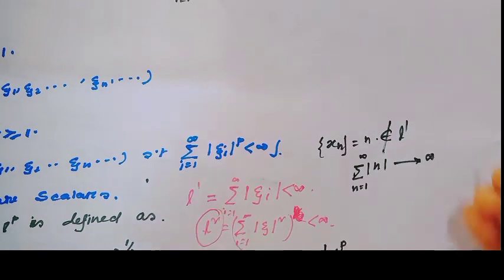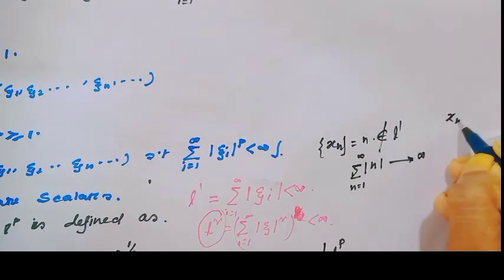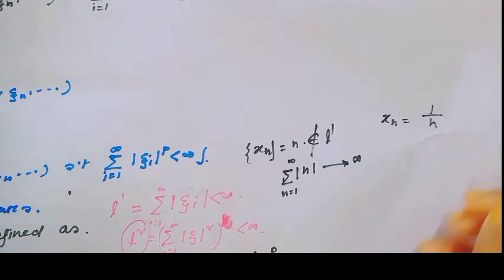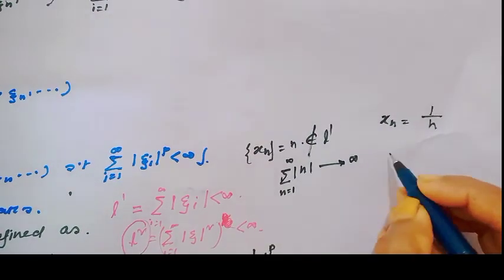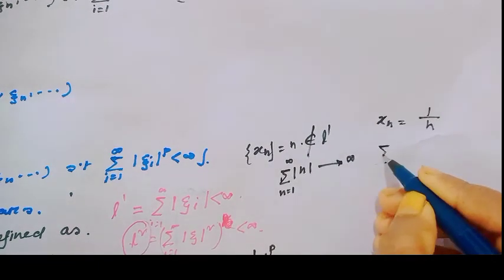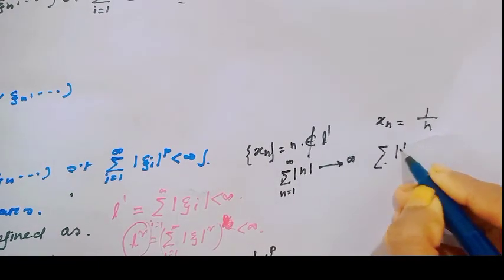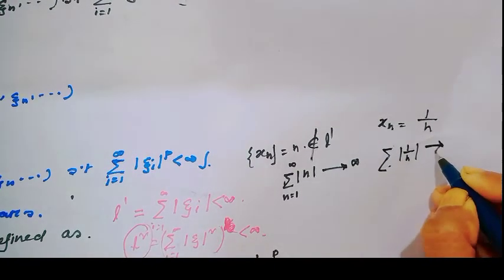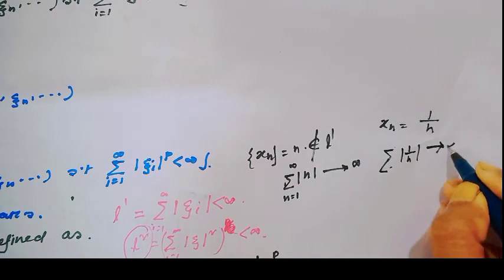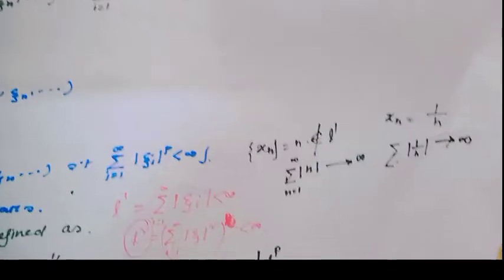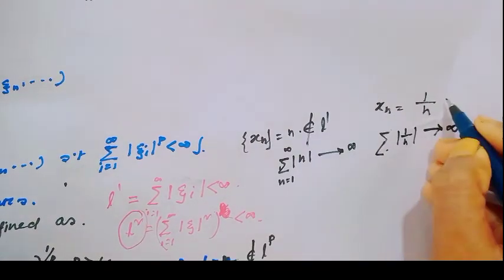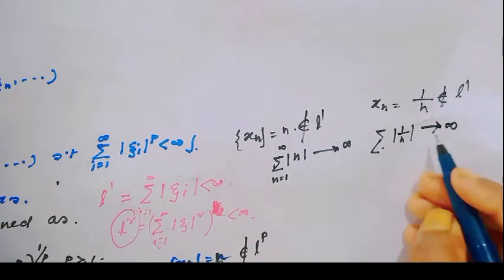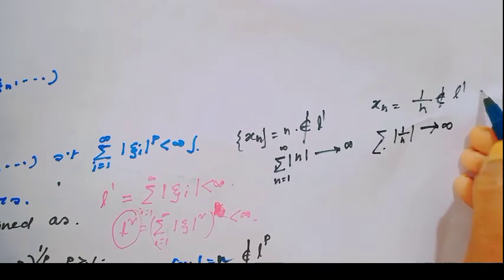Similarly, if you consider x_n equal to 1 over n, then the series, as all of us know, the sum of absolute value of 1 over n is a divergent series. That means it goes to infinity. So this does not belong to l1. But does this series belong to l2?